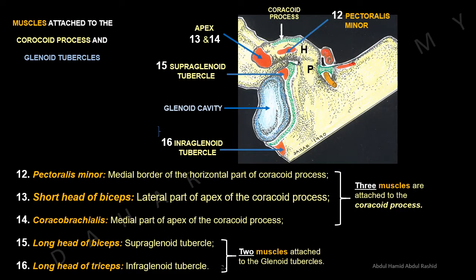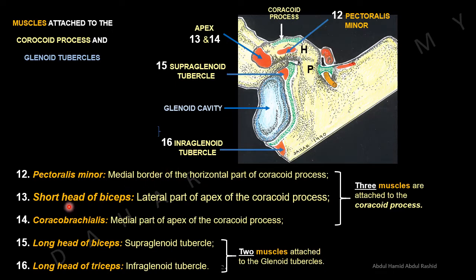Next group of muscles are those attached to the coracoid process and tubercles. Three muscles are attached to the coracoid process. They are the pectoralis minor muscle, which is attached to the medial border of the horizontal part of the coracoid process.